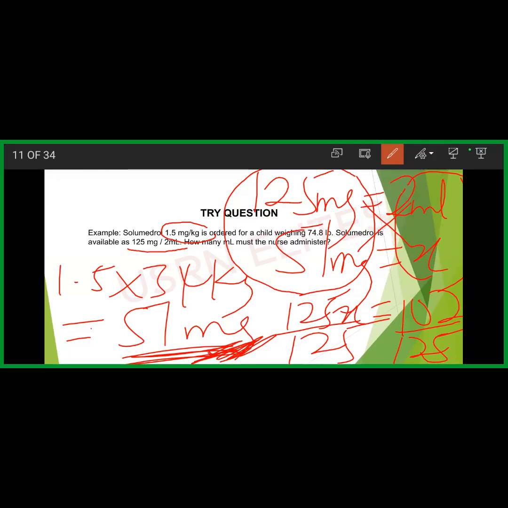So if the question had wanted you to leave your answer in 1 dp, what would have been the answer? 0.8. What about 2 dp? 0.82. Exactly. So if you had these figures you are mentioning, then it means you had it right. If you did not get this figure, it means you had it wrong.